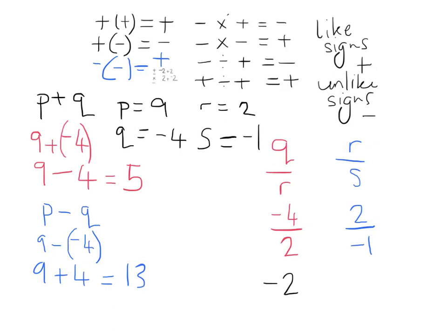Again, we've got a positive, because you know 2 is a positive integer, divided by a negative. So let's go to our rule box. A positive divided by a negative. Remember, these are interchangeable. The best thing to remember is they are unlike signs. So they're not the same, so you're going to end up with a negative value. Okay then, so 2 divided by 1 we know is 2, but it's a negative value, so we've got to put that in, negative 2.